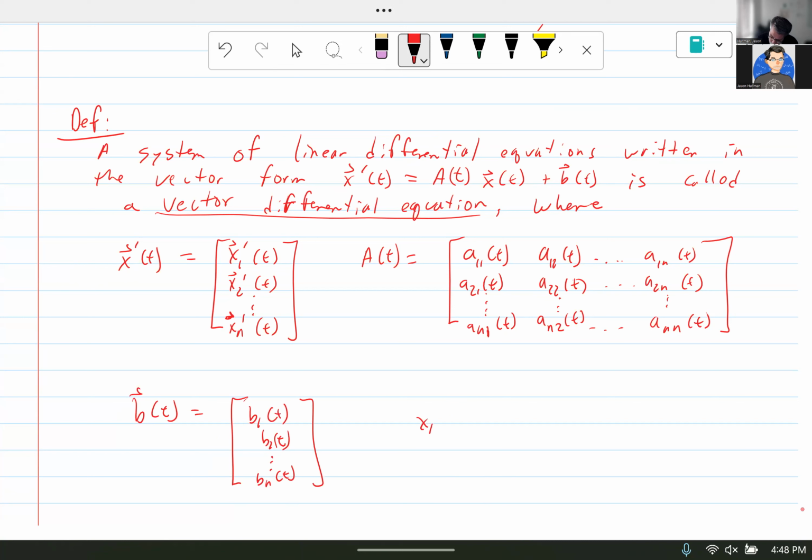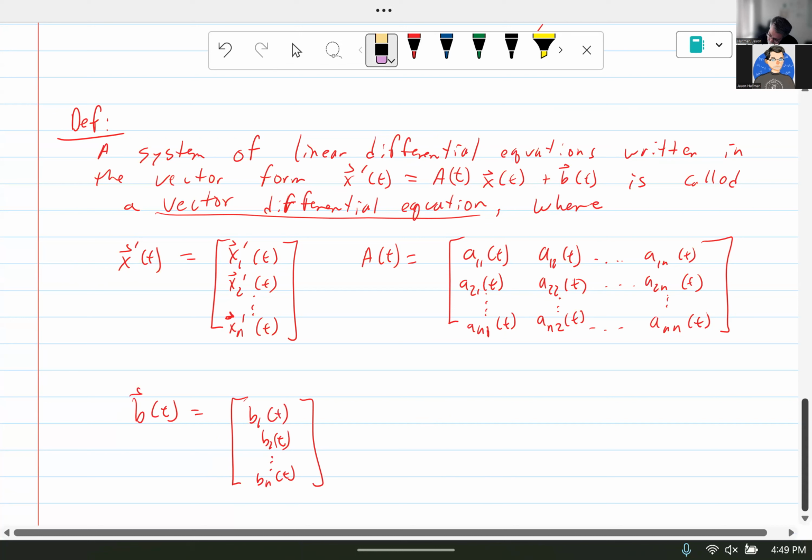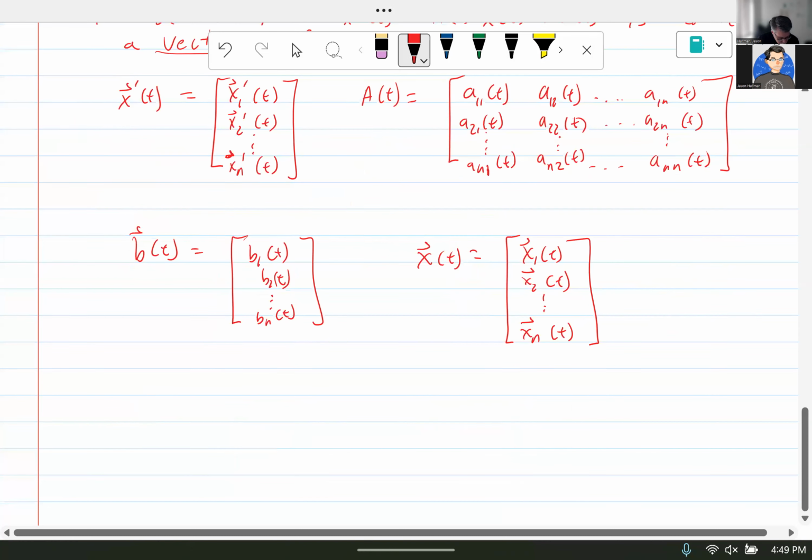And x of t is just equal to the results that I would want, which is x1 of t, x2 of t, and xn of t.